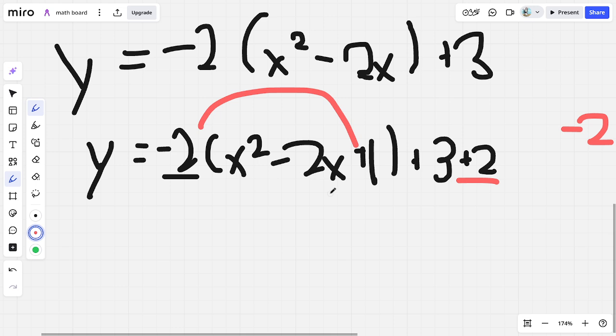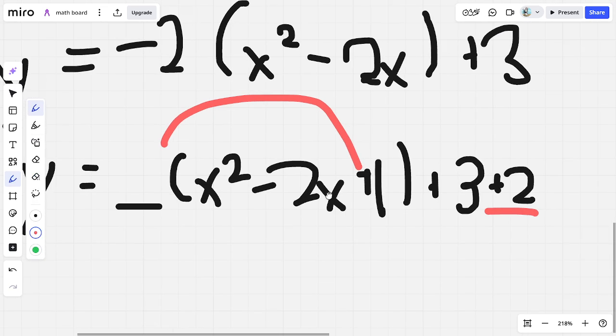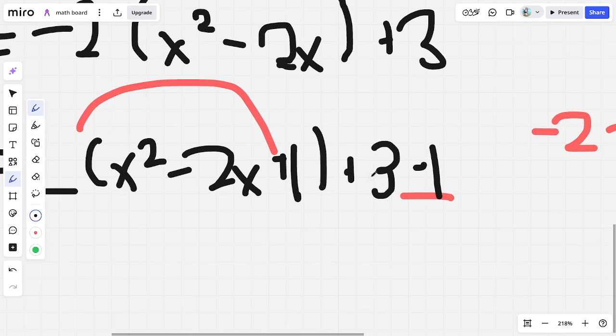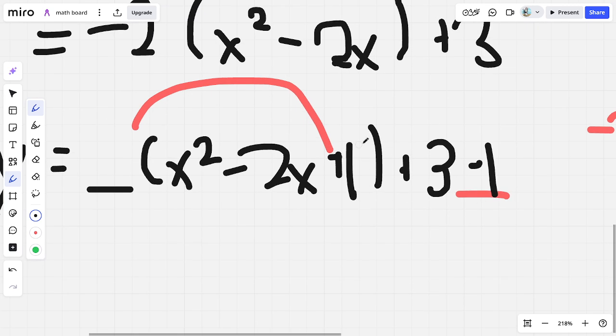It's the same equation. So for example, if you didn't have a coefficient here, you'd want to subtract 1, because +1 minus 1 is 0. Basically, you want it to end up at 0.